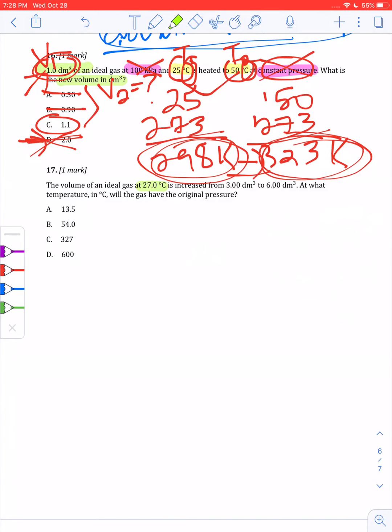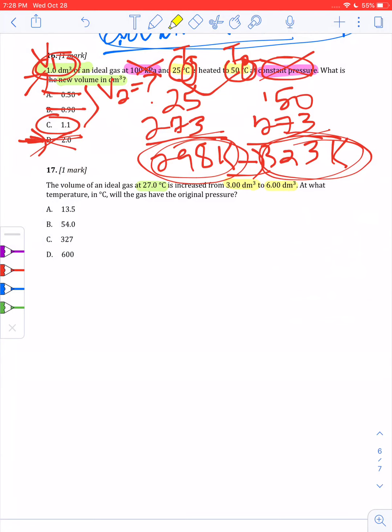All right, on this one it says the volume of an ideal gas at 27 degrees. Okay, so we have a temperature there. The volume is increased from 3 to 6. Okay, and then it says at what temperature in degrees Celsius will the gas have the original pressure?